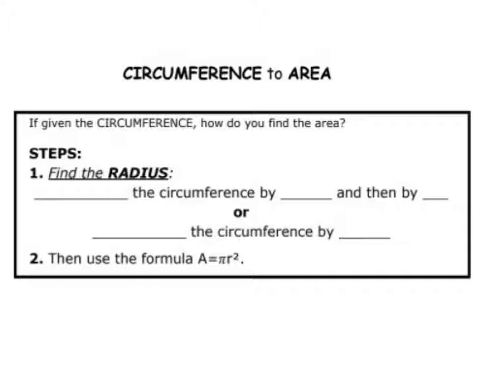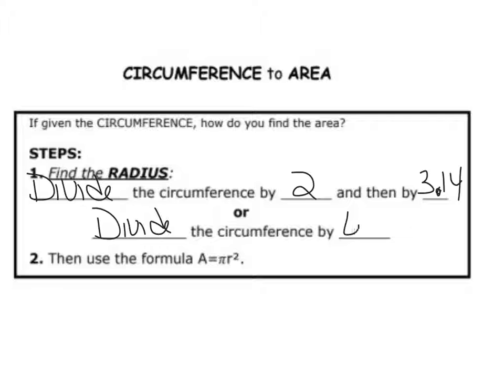Okay, so when you're doing the radius, you have to divide the circumference by 2, then by 3.14. Or you could divide the circumference by 6.28.